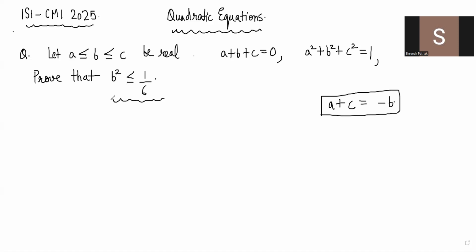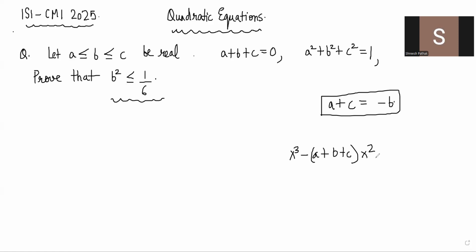If you get a cubic equation, what are the roots of that equation? A, B, C. So that won't work. The middle term, AB plus BC plus CA, you are saying is 0?